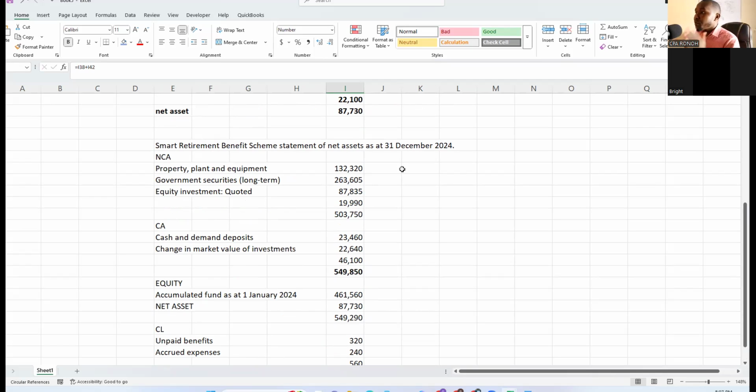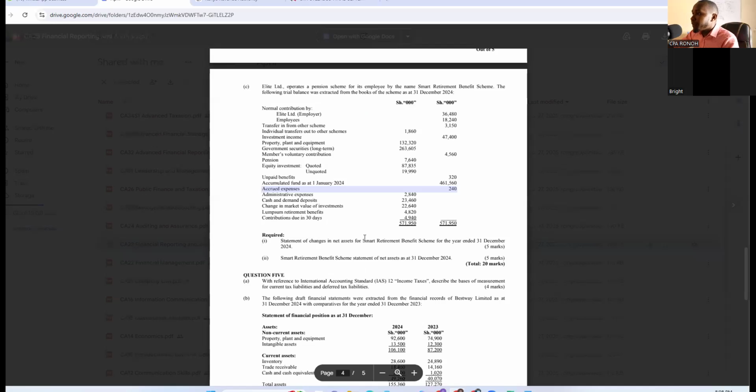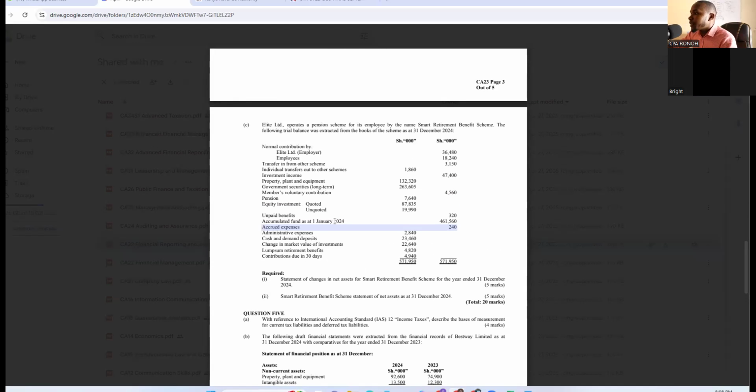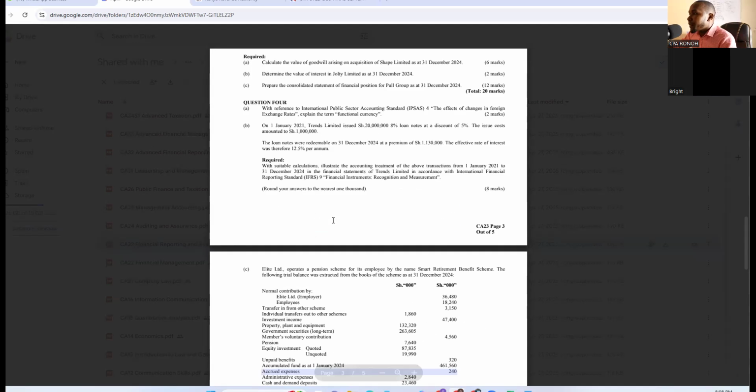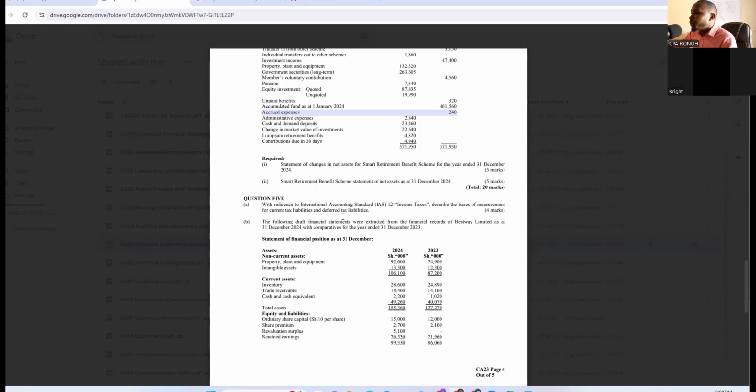So make sure that you know the format. After knowing the format, know where to post, because there are a lot of free entries. I've seen a lot of people complaining the last sitting paper was difficult, but for me, I've gone through it. It was an easy paper, because you only need to read more and do a lot of questions so that it helps you to memorize this format.